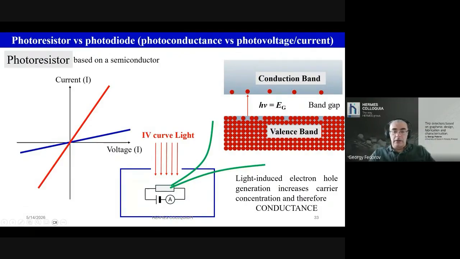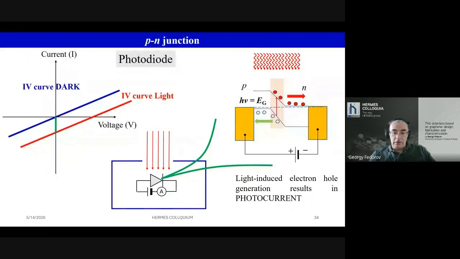I take some of your time by illustrating this with this, I hope, simple chart. Electrons from the valence band are excited to the conduction band, and that results in the increase of conductance. That's qualitatively very easy to understand, and it results in linear dependence of conductance on light intensity. But you need to use a semiconductor, and over-band-gap excitation is the main mechanism.